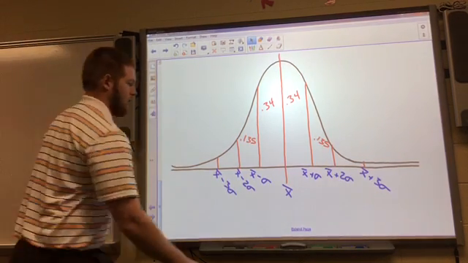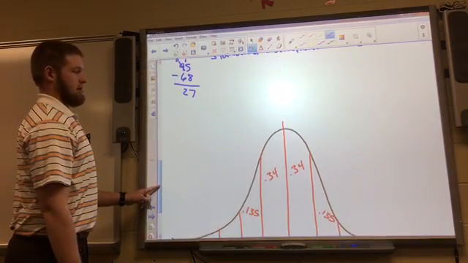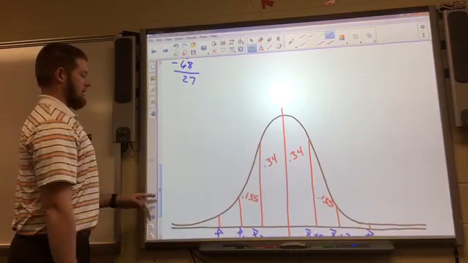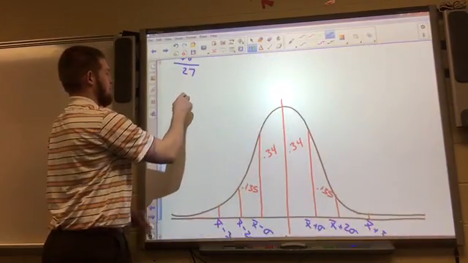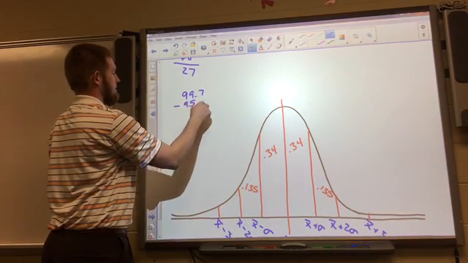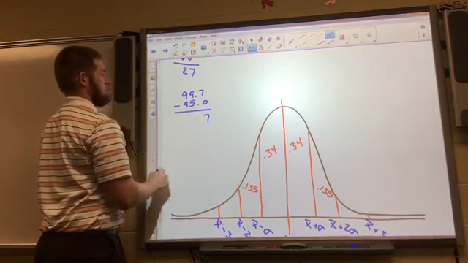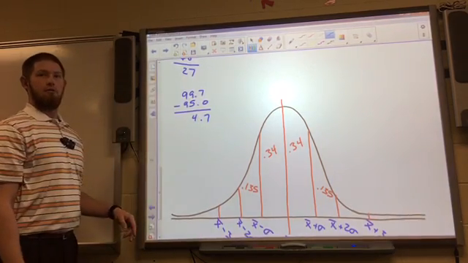And we were already at 95%, right? And I know that 3 standard deviations is 99.7. So I need to take 99.7 minus 95, which is 4.7, right?